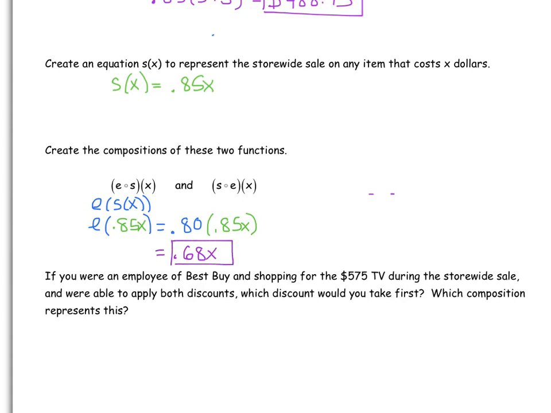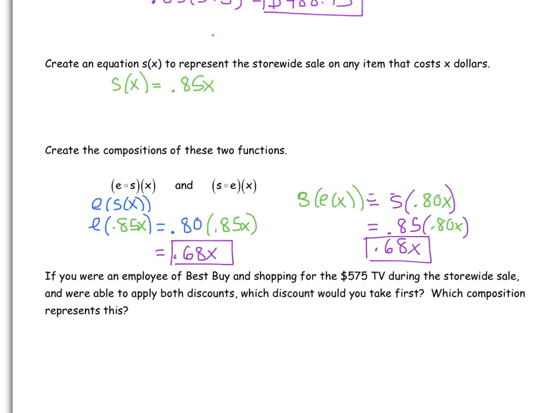Now if we do it the opposite direction, S of E of x, we're going to have S of E of x, which is 0.80x. So S is 0.85 times 0.80x. And 0.85 times 0.80 is still 0.68x.